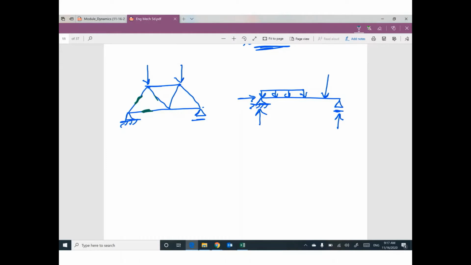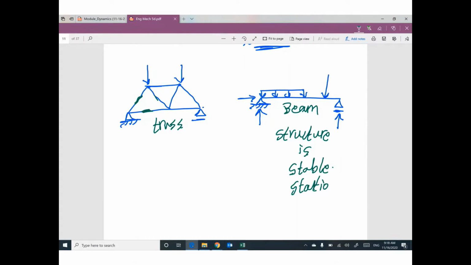But we have something constant until this moment. What do you mean? The structure, which is a beam in this case, or truss in this case, is, what can I say, stable and stationary, in a stationary position.